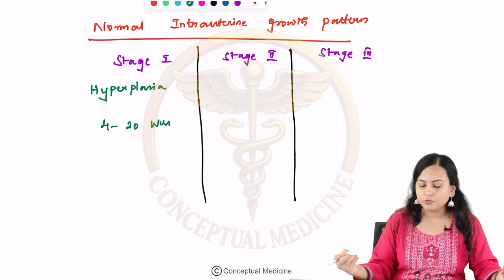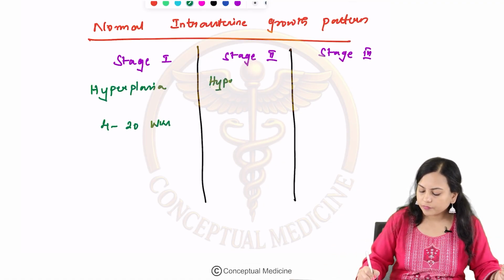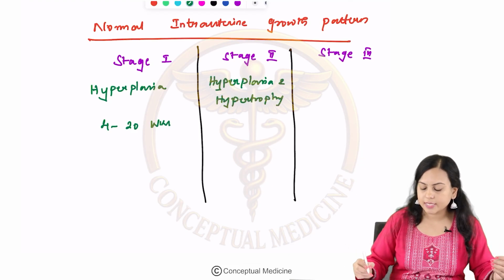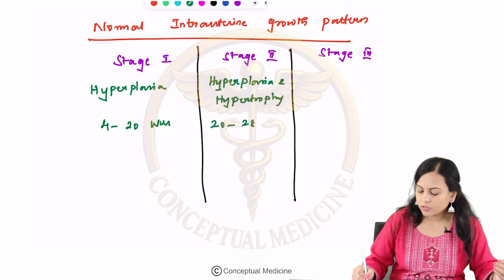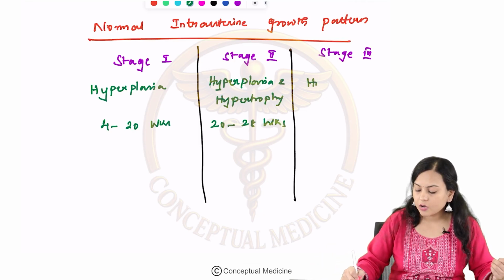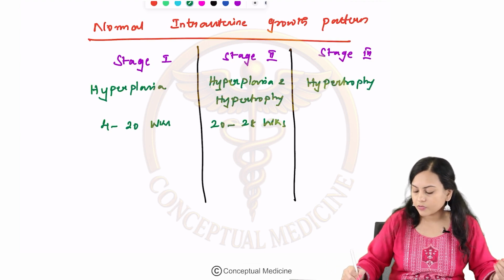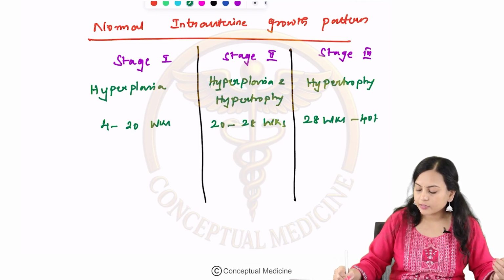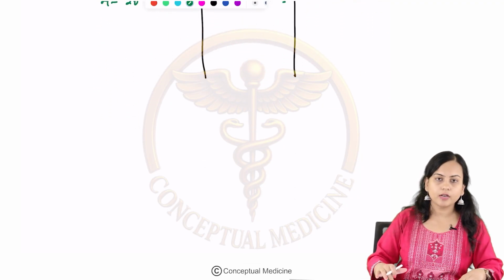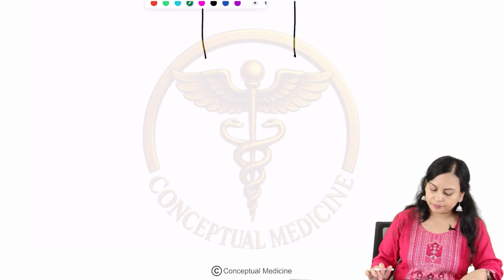So in stage 2 there is both hyperplasia and hypertrophy, right? And this will be seen between 20 to 28 weeks. And in stage 3 there is only hypertrophy, and this will be seen after 28 weeks, that is 28 weeks to delivery, that is 40 weeks of gestational age. Clear? So this is how the normal intrauterine growth pattern is going to occur.